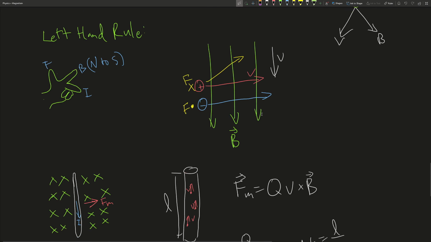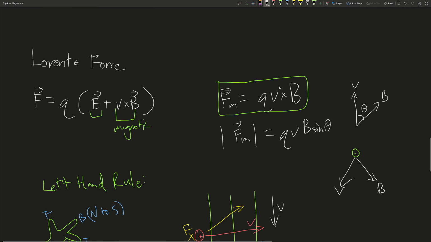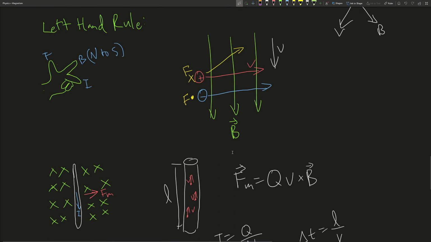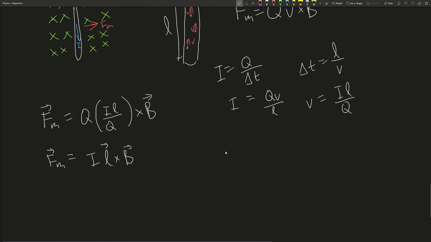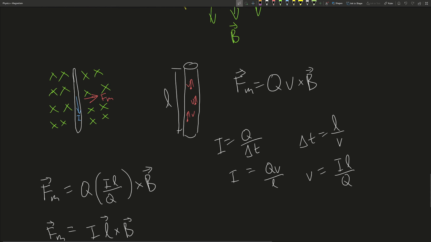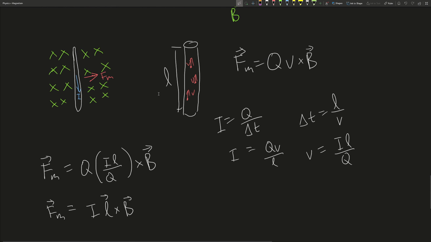For the original Lorentz force equation, v is a vector because that's velocity, and B is a vector because that's a magnetic field vector. But for this new one, we have L as a vector, so L is the direction.